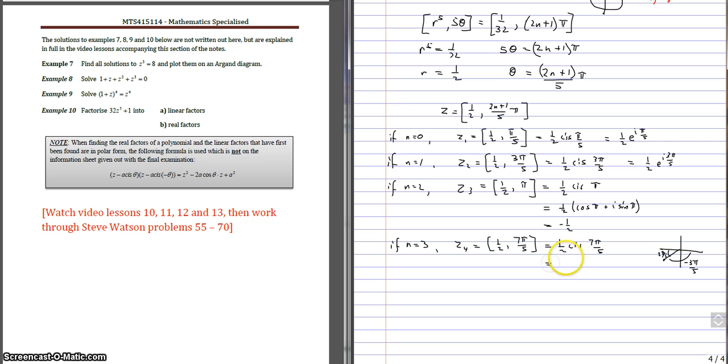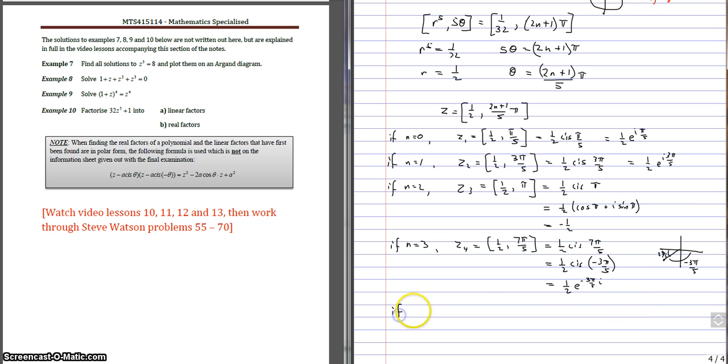So this one within that range is half cis negative 3 pi on 5. And we could also write that using the Euler's form, a half e to the negative 3 pi on 5 I.